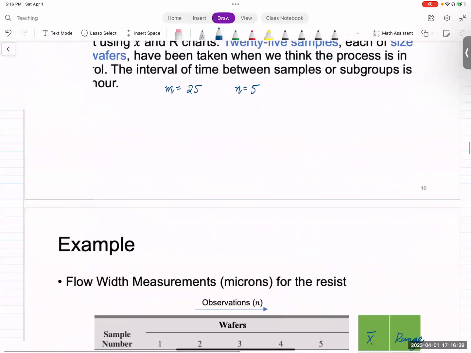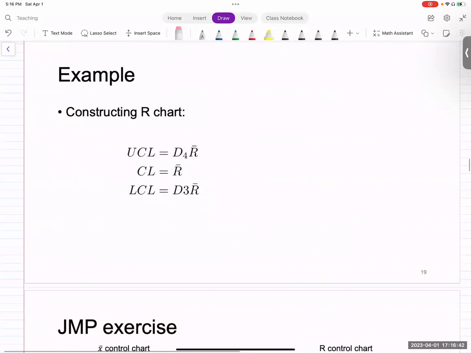So let's plug this in: 2.114 times R bar, which is 0.3252, gives us 0.6875. The center line is simply R bar, 0.3252, and D3 is 0. So your LCL is just 0. This should be a subscript here, not a multiple. Okay, so that's how you would construct an X bar and R control chart.